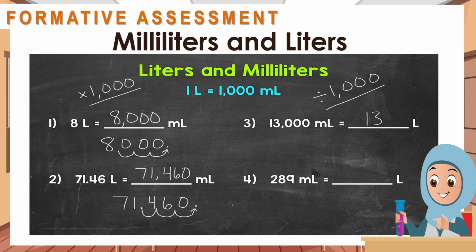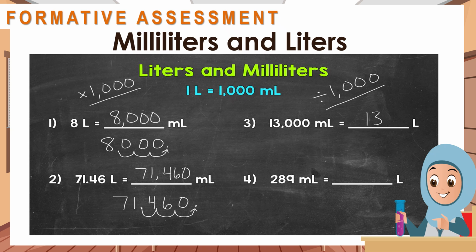When we divide by 1,000, we push each digit to the right 3 places. This will give us 1/1000th the value of our original number, meaning we're dividing by 1,000. We can do this by, again, moving the decimal 3 times to the left.